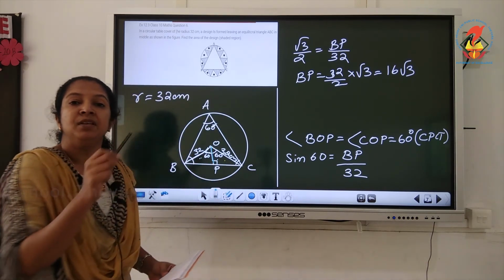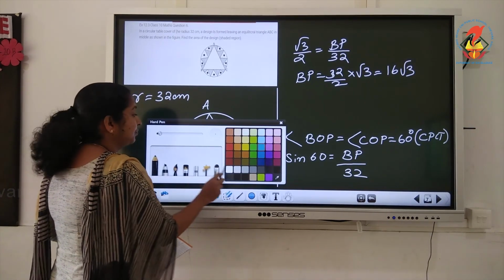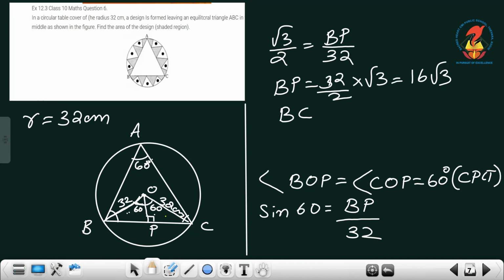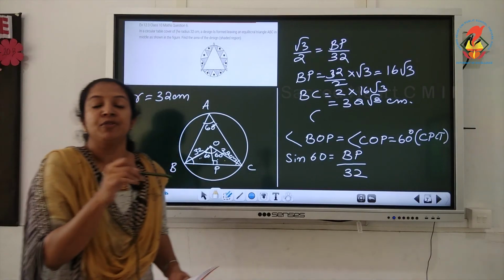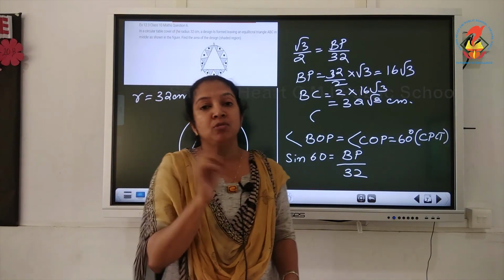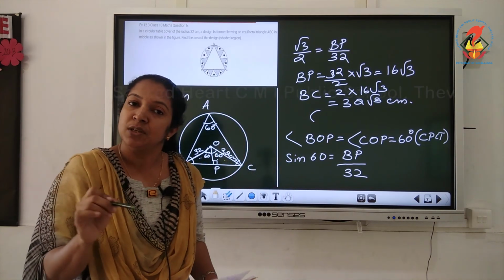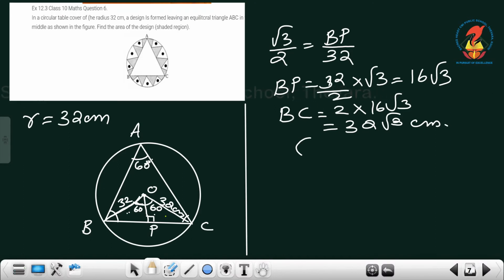So, we can write BC is equal to 2 times 16 root 3, that means 32 root 3, using the perpendicular drawn from the center to the chord bisects the chord. When you write the answer, you have to write the reason also along with that, otherwise you will lose the mark. So we got one side of the triangle.